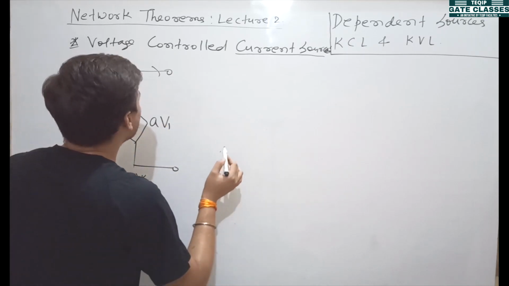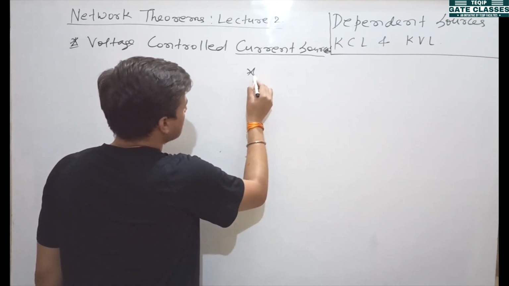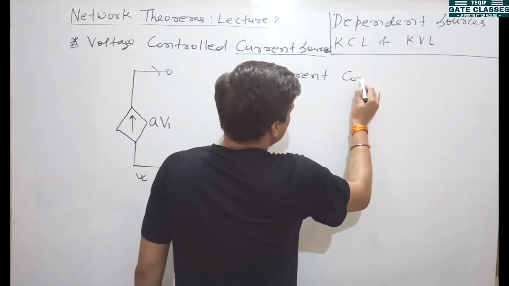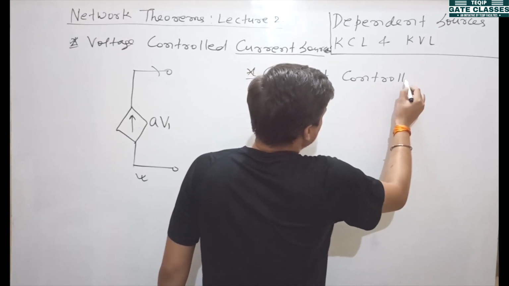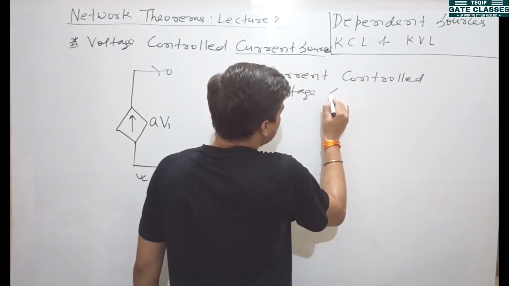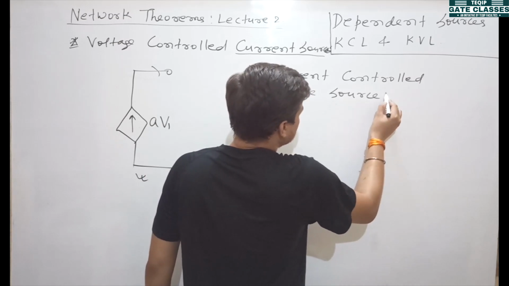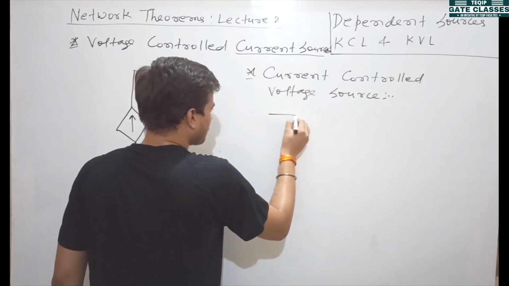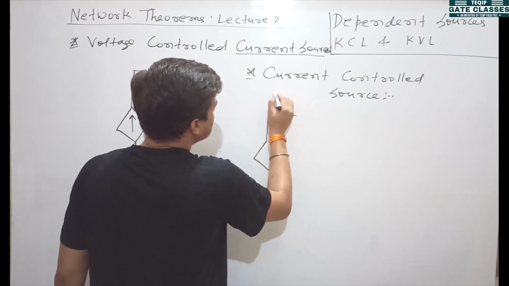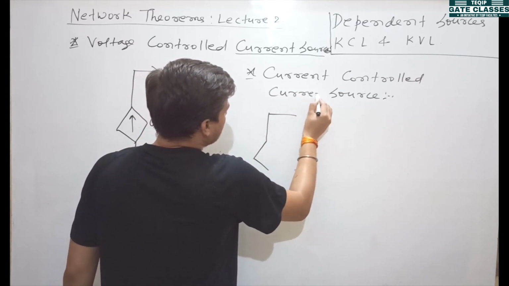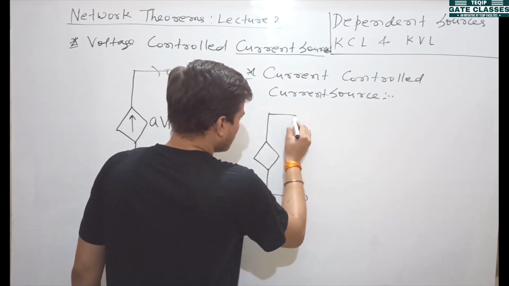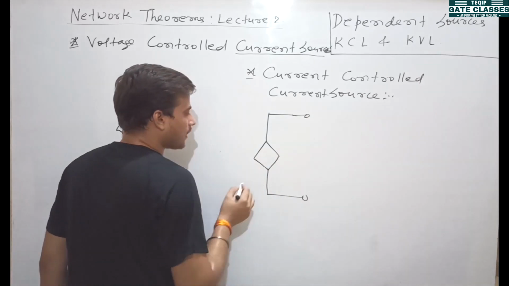Similarly, if you draw a current controlled voltage source, and then a current controlled current source, here you will see you have a rectangular box.